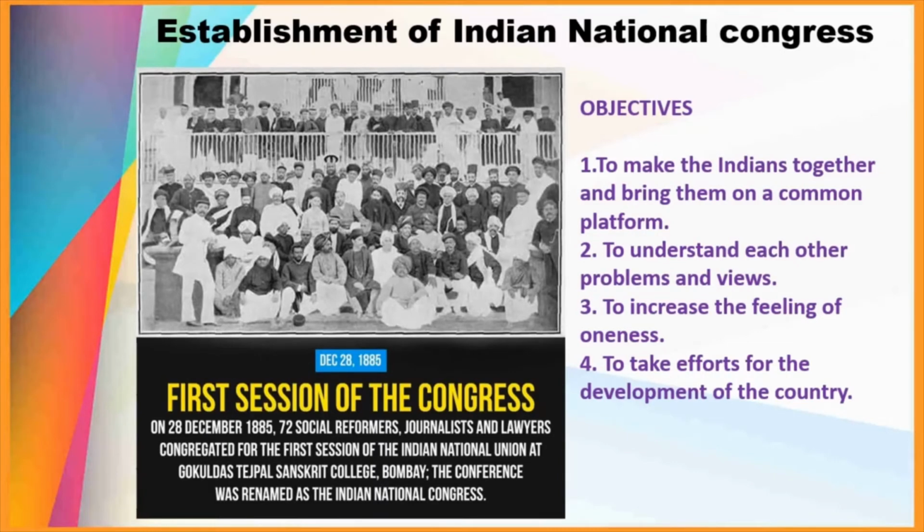After the establishment of Indian National Congress, the first few years of that period were known as the moderate phase, and later the period was known as the extremist phase. So let us see about the moderate phase and the extremist phase.